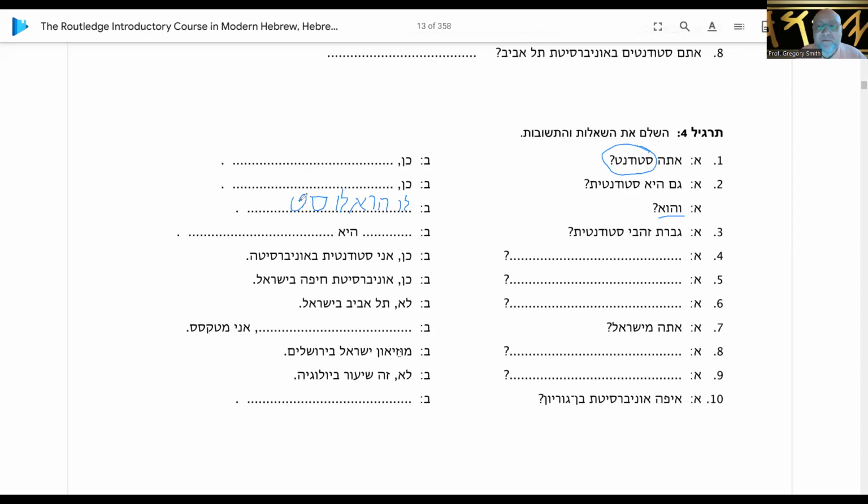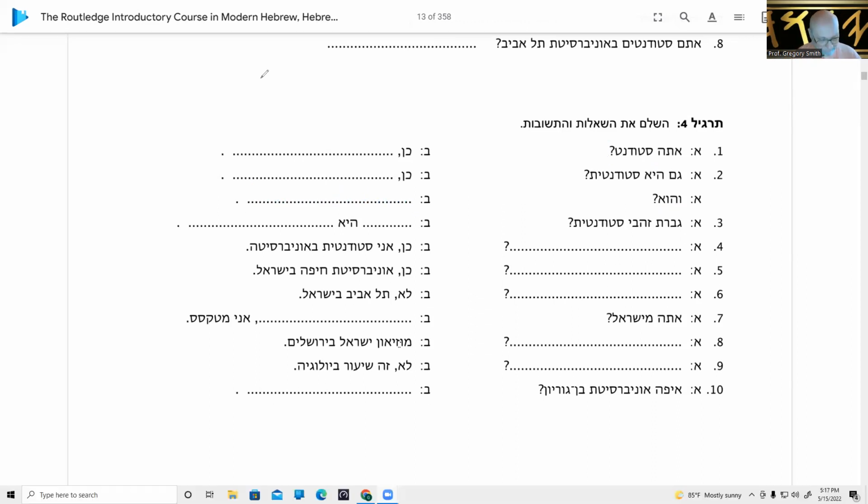So they're just leaving it up to the student to just put something in here. As long as it's grammatically correct, it'll be okay. Student. Okay. So I have lo, who, lo, student. No, he's not a student. Well, let's see what they choose to put there.